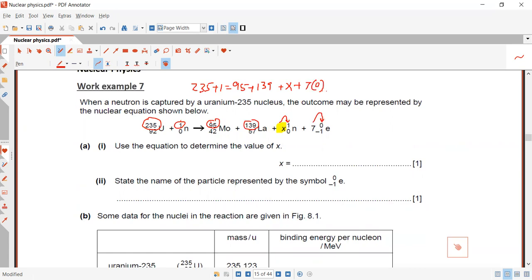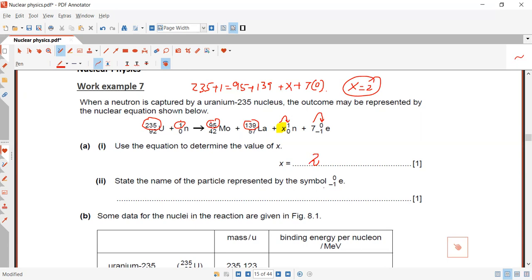So we can calculate it: 236 minus 95 minus 139. Since we can calculate x, it's going to be 2, so we write 2 here.